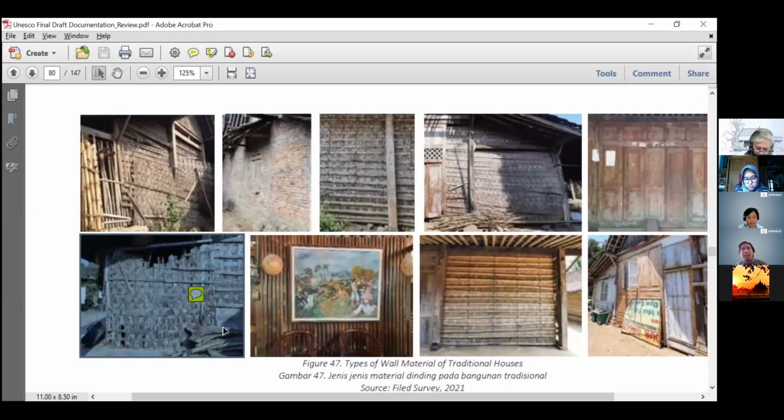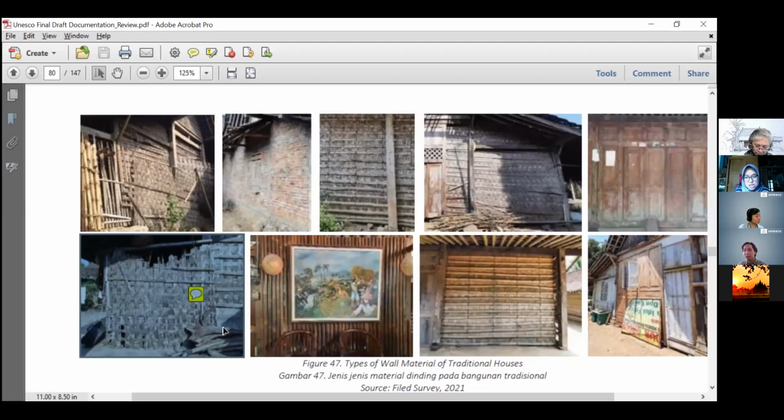Another thing is that in the TOR, we also want this documentation to involve the condition of the local people, and how they think about retaining the traditional building. I believe your team has conducted some interviews.